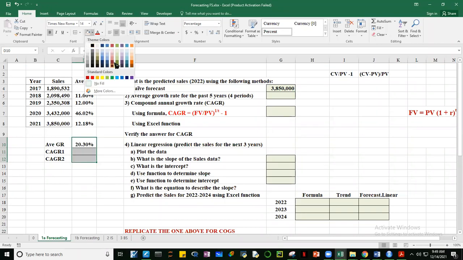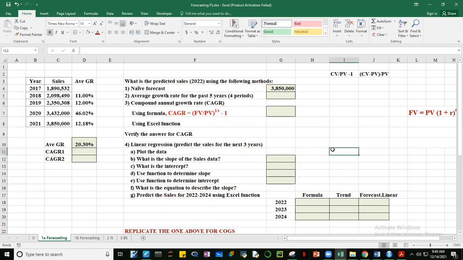We can see 20.30%, that's the average growth rate. We were averaging the past 5 years, or the average of the 4 periods. Therefore, to predict the sales for 2022 using the average growth rate, it's simply getting the previous sales and then multiplying that by 1 plus our average growth rate.